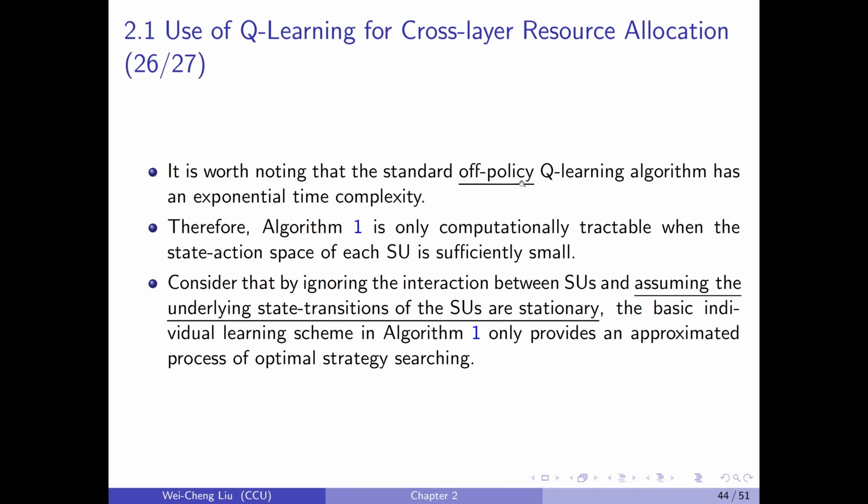So, the off-policy Q-learning algorithm has an exponential time complexity. What does this mean? Exponential time complexity means that the complexity of the off-policy Q-learning algorithm in the time domain is an exponential function of the size of the input of the algorithm.